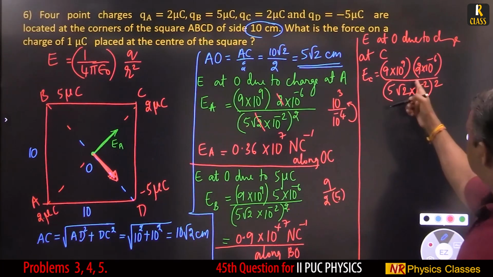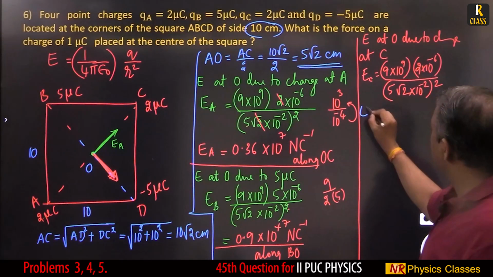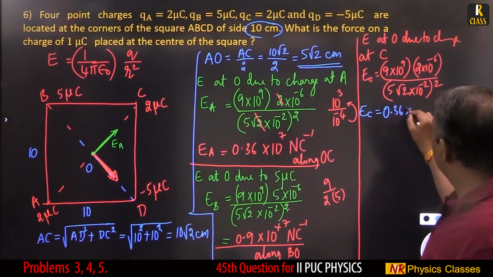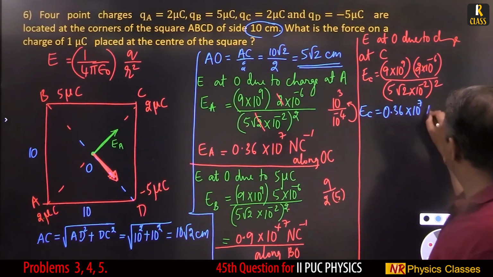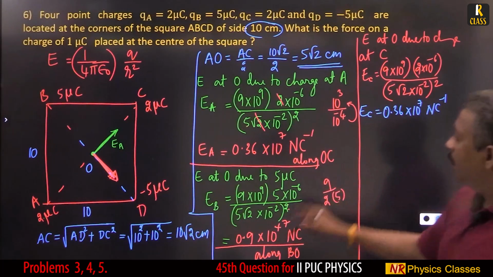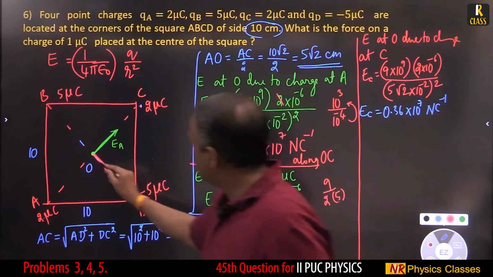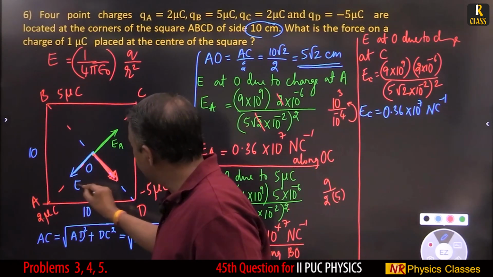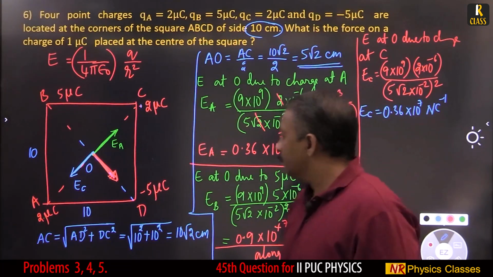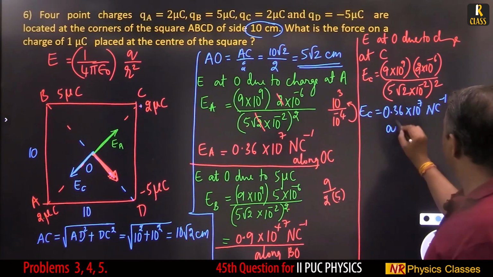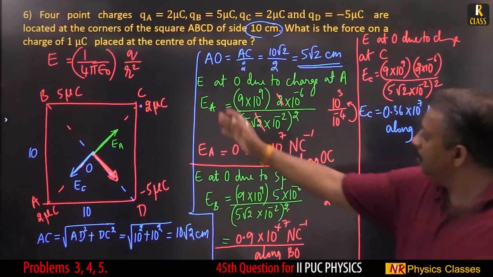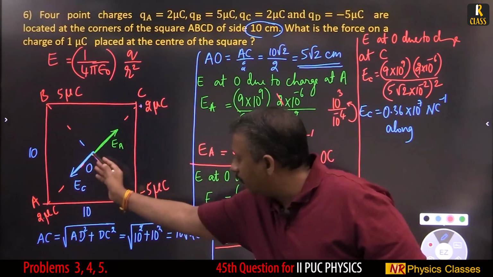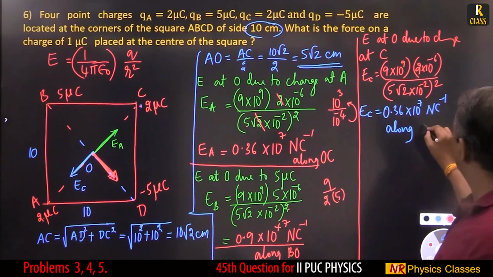See, this is same as this. So EC equals 0.36 times 10 to the power of 7 newton per coulomb. Since this is a positive charge, electric field is away. So this is the electric field due to charge at C, along CA.